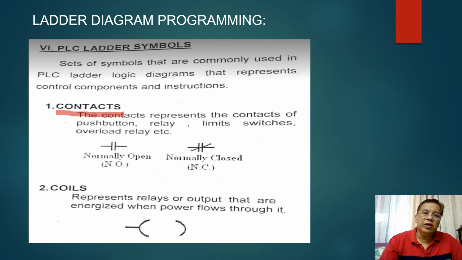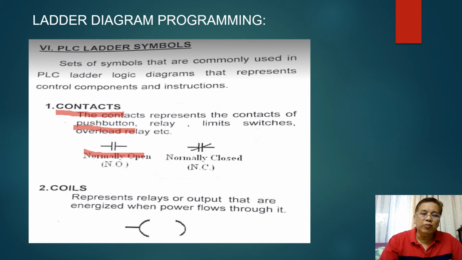So if the push button switch, for example, is normally open, then it will have to be represented by a normally open contact, which is this particular symbol.